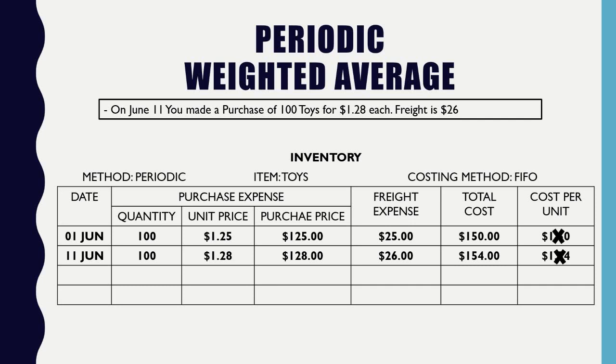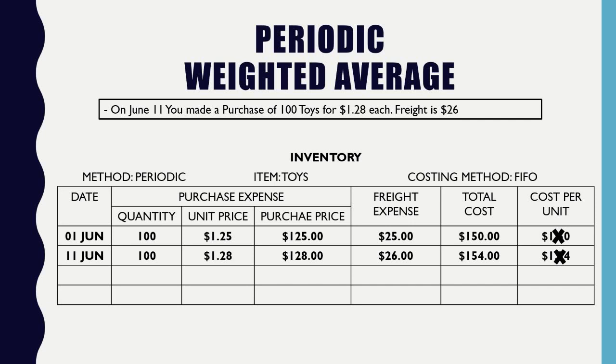In this case, no, you won't need to, because now you have a new batch being introduced. So there's no need for a cost per item here, because we need to combine our totals together to get our average cost per item.